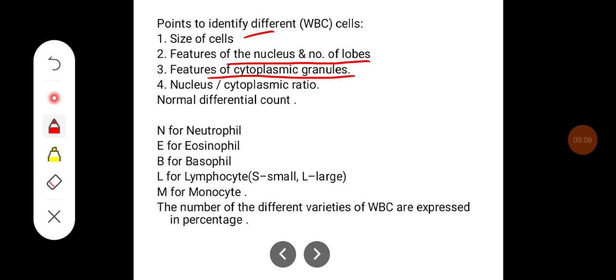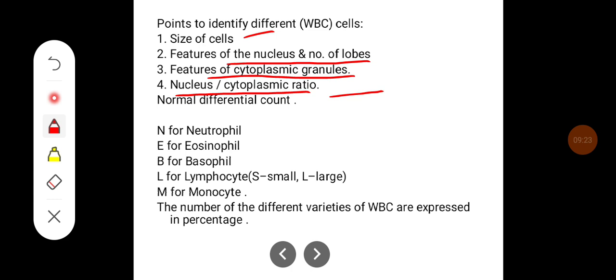Okay, so then based on the nucleus and cytoplasmic ratio, the monocyte has a 50% nucleus and cytoplasmic ratio, whereas in lymphocyte the nuclear ratio is high.